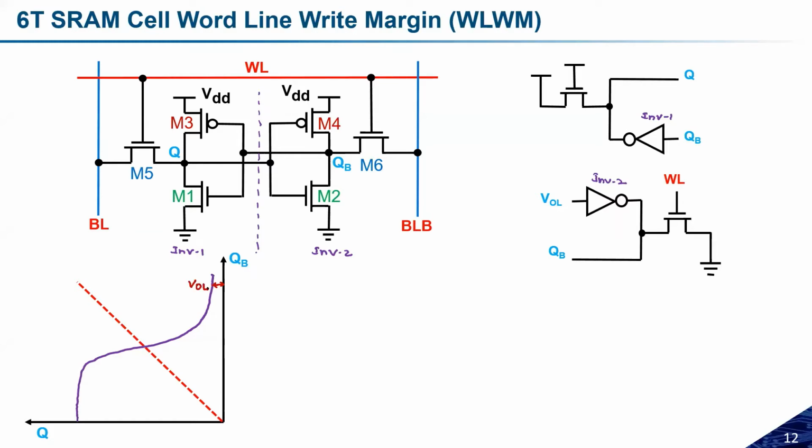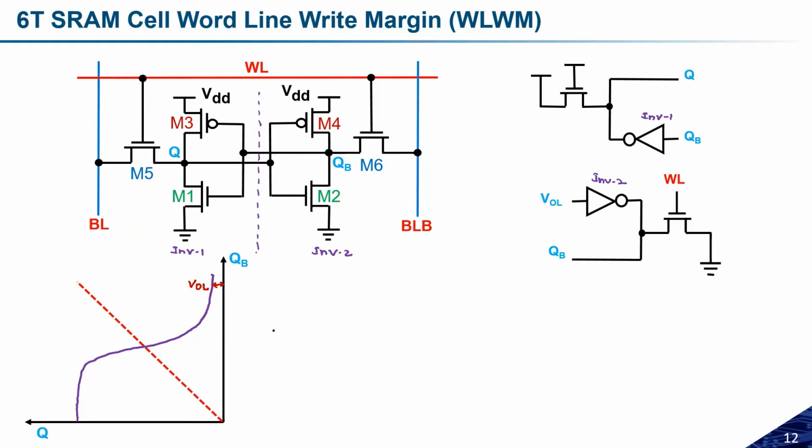Ideally VOL should be 0, but as we have seen during the read operation, we cannot make it 0. We need to increase the strength of the pull-down transistor to get a lower VOL, which we have studied. So this is what the VOL is, and these are the characteristics of the first inverter.